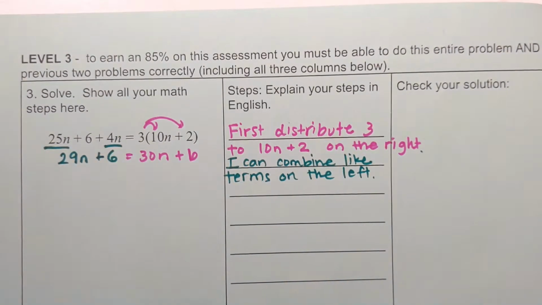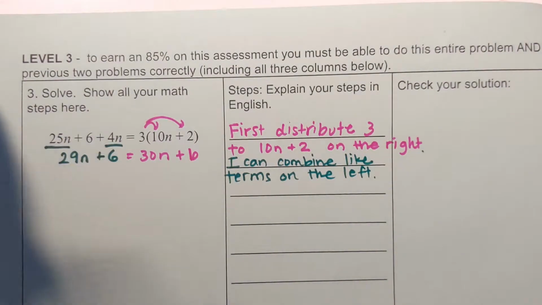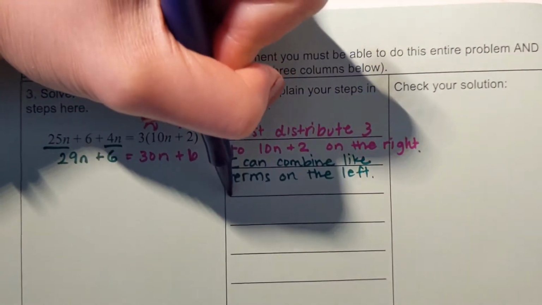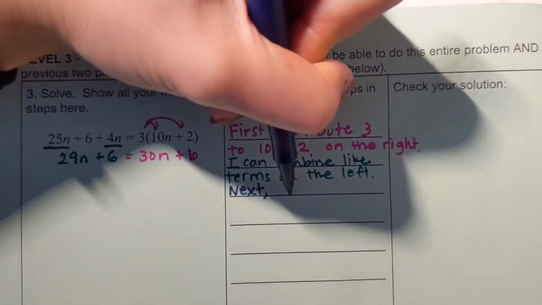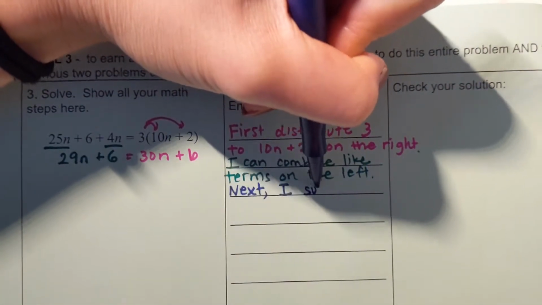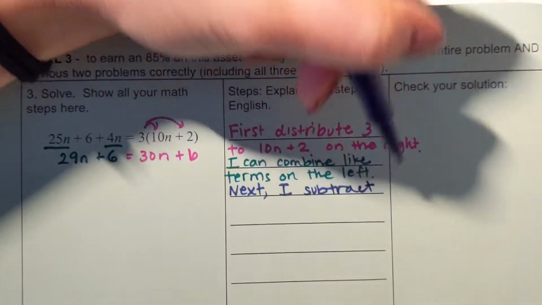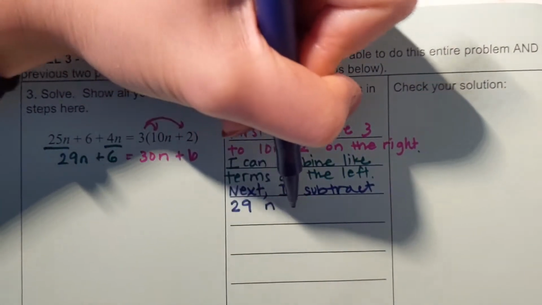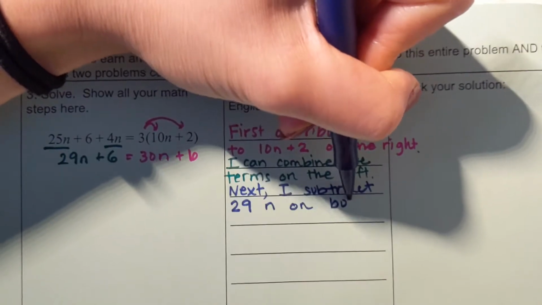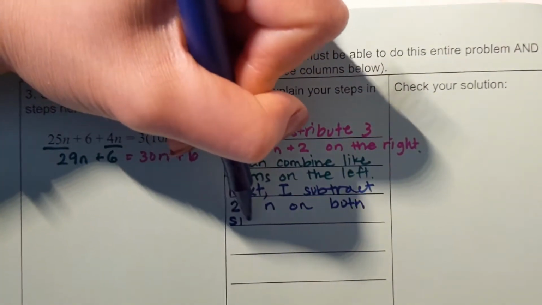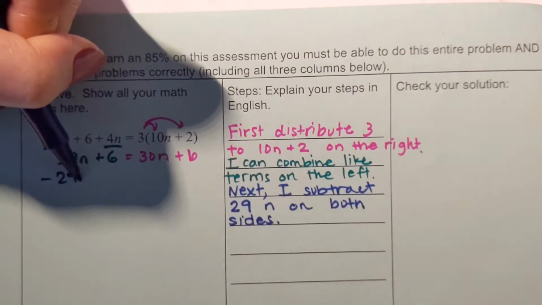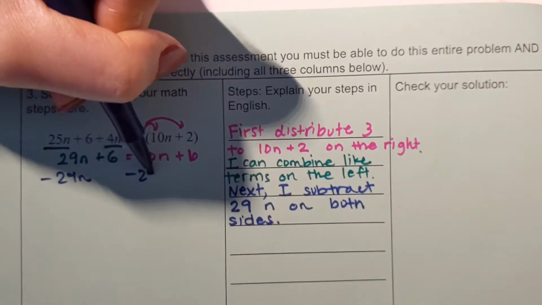Now I'm going to try to move all my variables to one side. Let's say next I subtract 29n on both sides. Minus 29n here and minus 29n here.